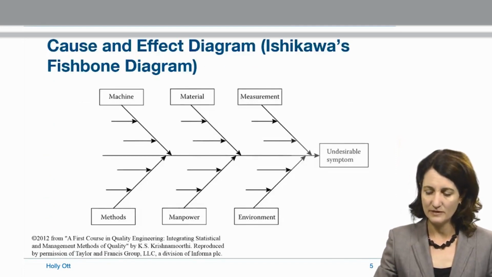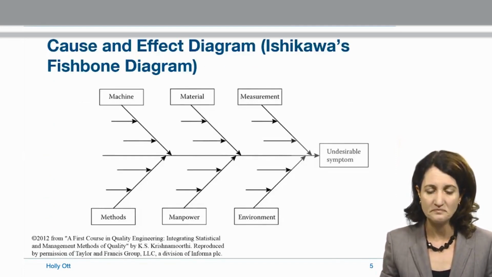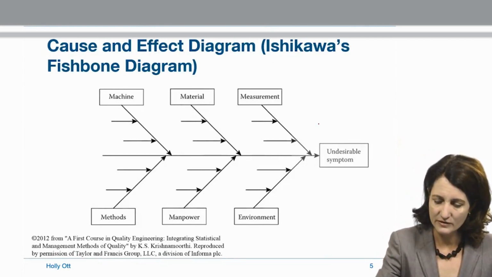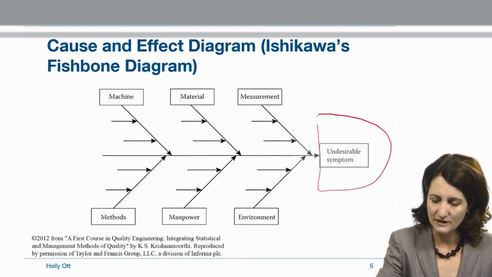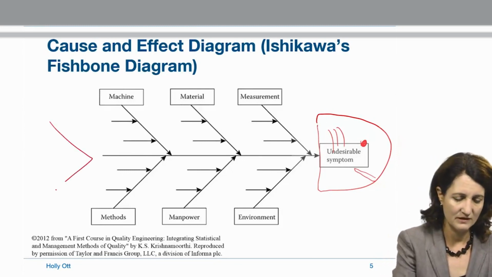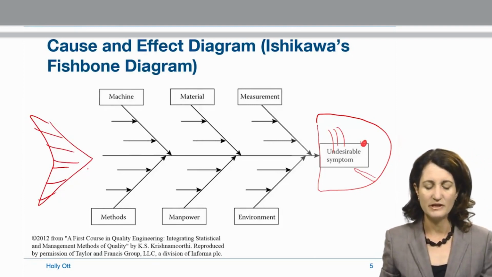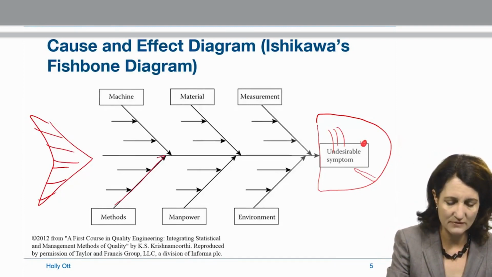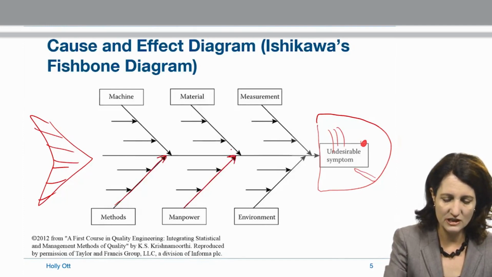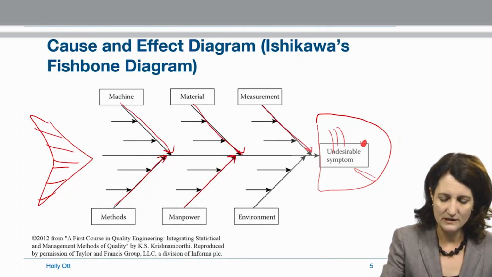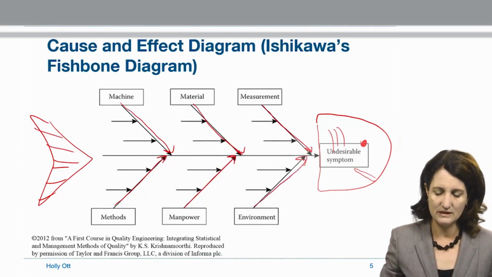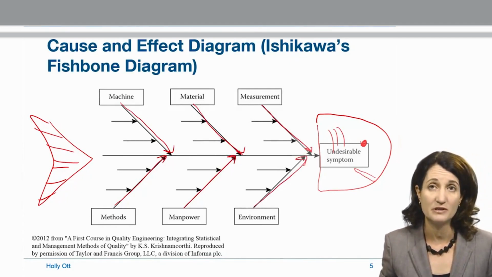And here we see, except for the management, the fishbone diagram. So here you can imagine, I can't draw very well, but a fish here at the top of the fishbone diagram, and each of these major stems, what we just talked about: machine, material, manpower, methods, measurement, environment, and you can add management to that too.